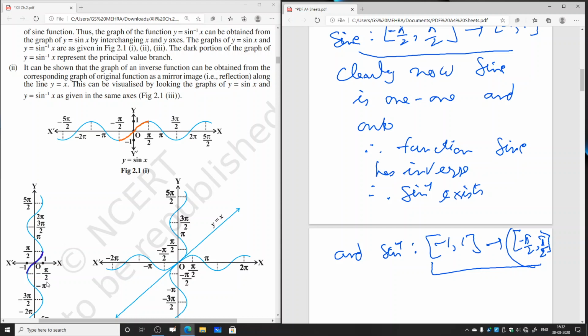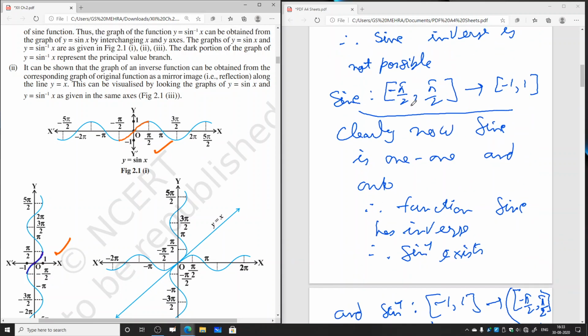So sine inverse is a function from the closed interval minus 1 to 1 with the range as minus pi by 2 to pi by 2. So this is our sine inverse function, and this is the sine function. Originally we have the sine function, which is one-one and onto, from the closed interval minus pi by 2 to pi by 2 to minus 1 to 1.